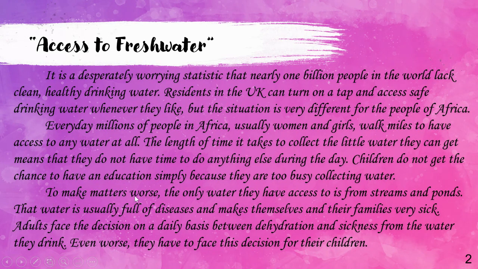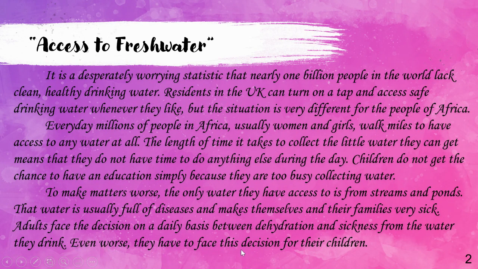Okay, to make matters worse, the only water they have access to is from streams and ponds. The water is usually full of diseases and makes themselves and their families very sick. Adults face the decision on a daily basis between dehydration and sickness from the water they drink.